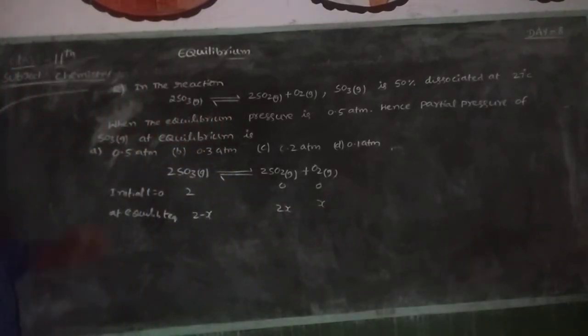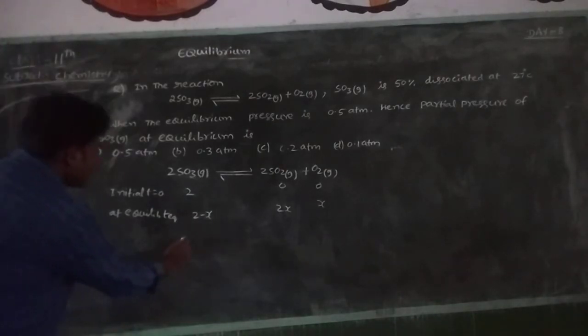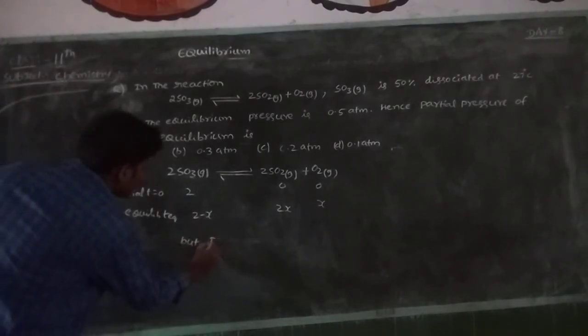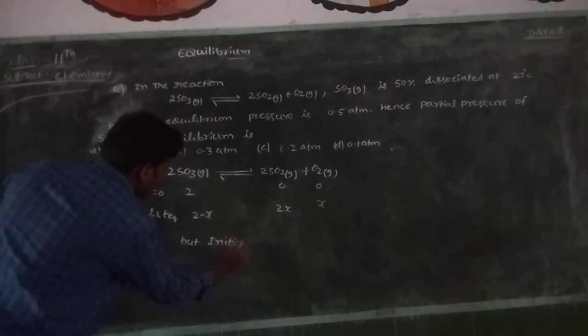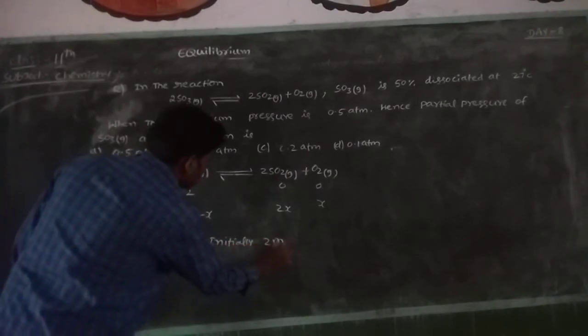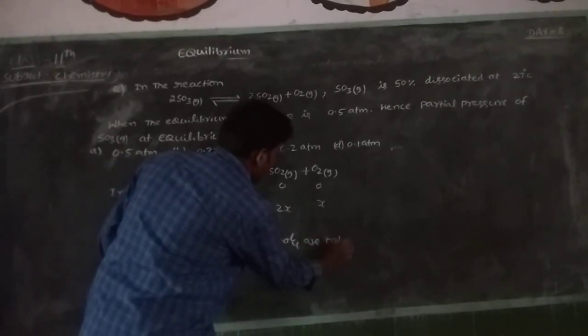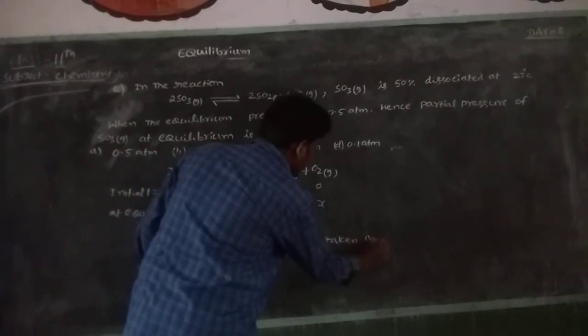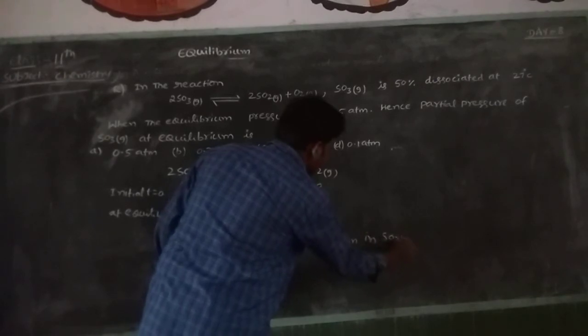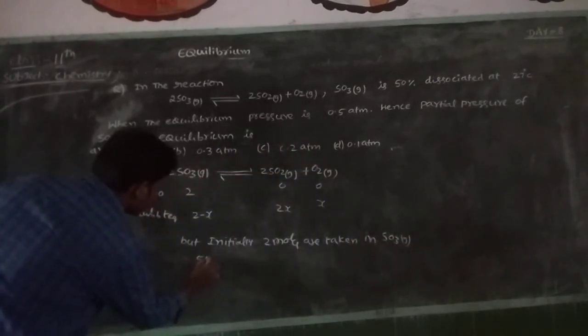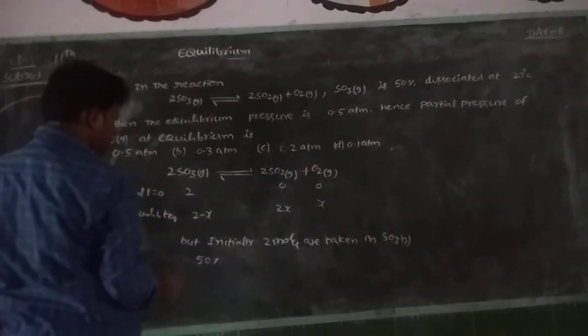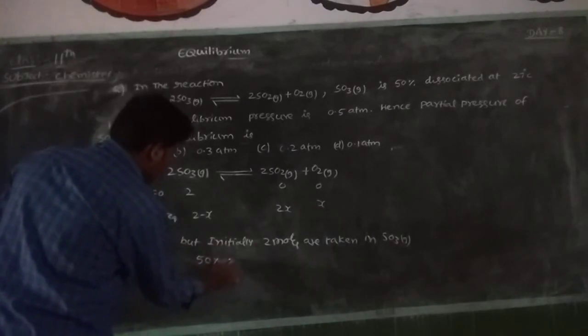Initially 2 moles are taken of SO3 gas, but 50% dissociation means what?